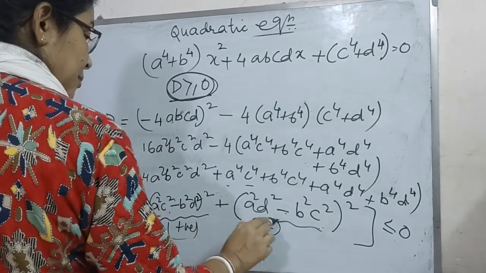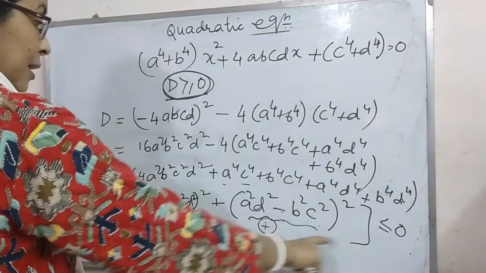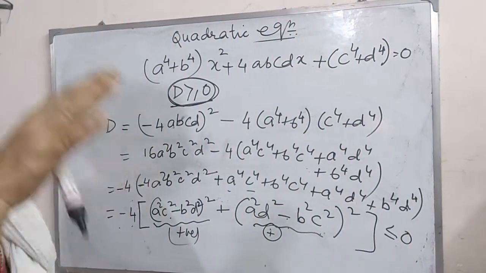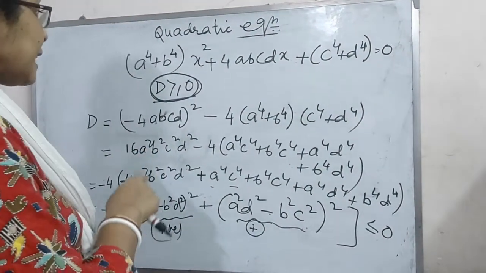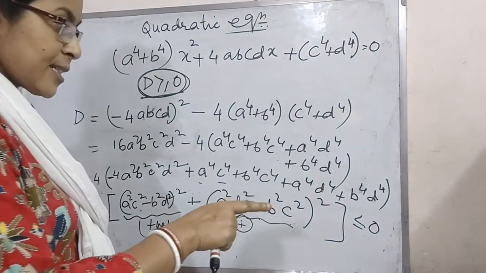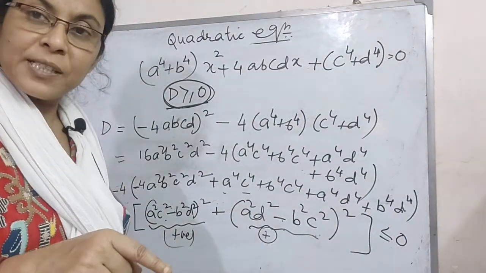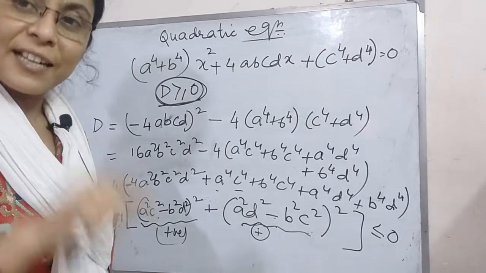If the sum of two terms is positive but the expression is negative, then D is less than 0. D less than 0 means the roots are imaginary, but here it is given that the roots are real.